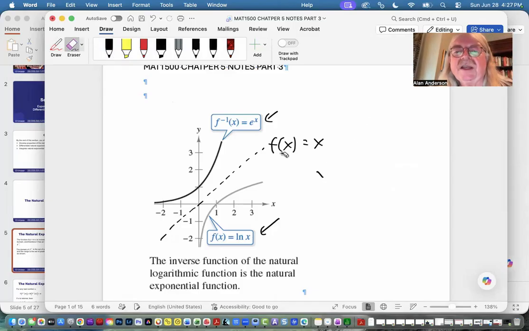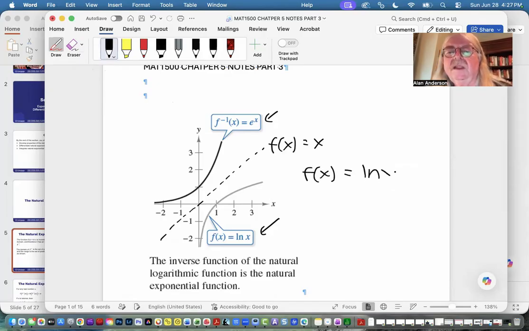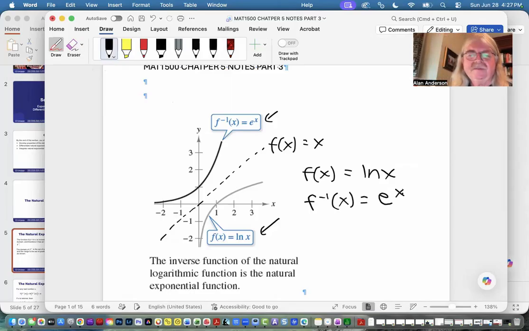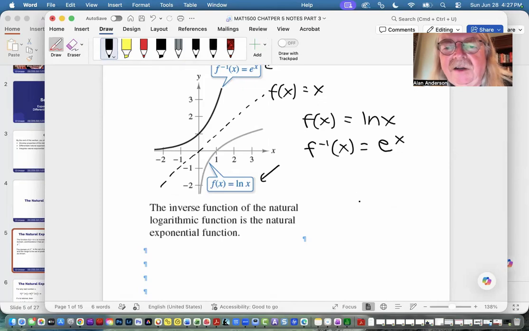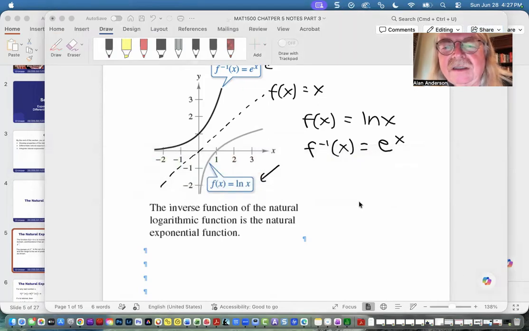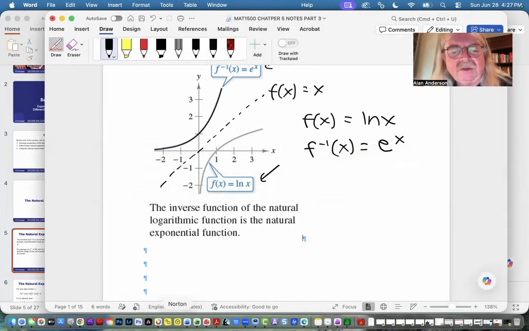So I could write, for example, f of x equals log x, and that in turn means that f inverse of x is e to the x. They're inverses of each other. Okay, now that's an important detail. We're going to see a lot of the consequences of that as we go along.